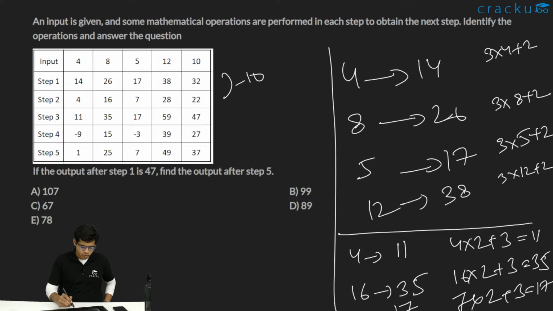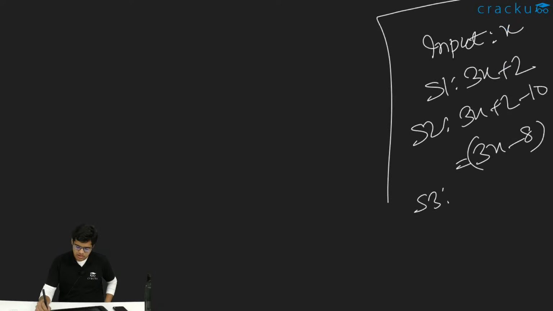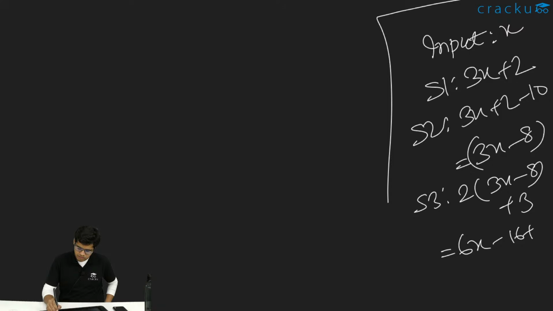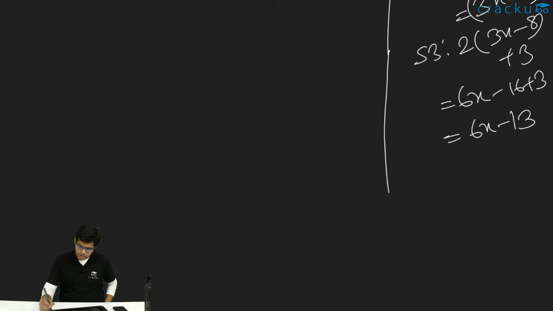So basically, what is the step 3 value? You multiply it by 2 and you add 3. Means you multiply this by 2 and you add 3. So 6x minus 16 plus 3, which is 6x minus 13. Right? We are done with step 3.